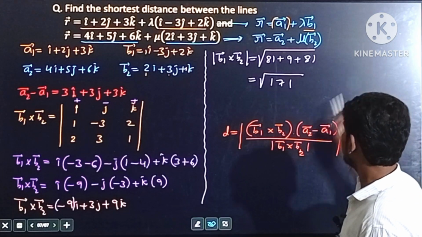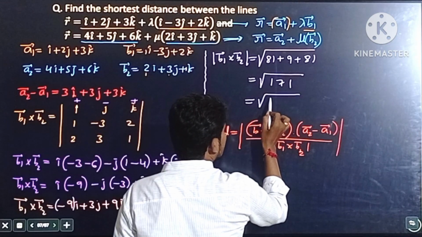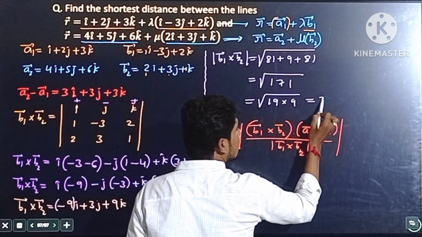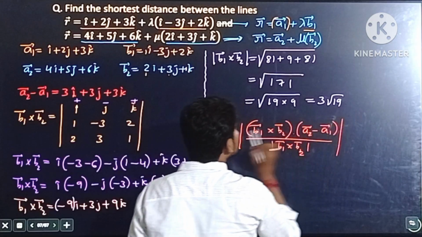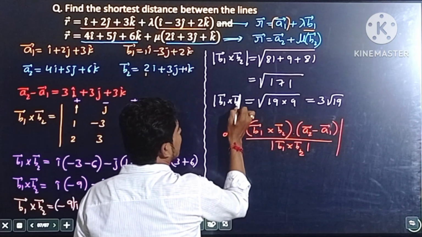Root 171 can be written as the square root of 19 into 9, and the square root of 9 is 3, so 3 root 19 is the magnitude of b1 vector cross b2 vector.